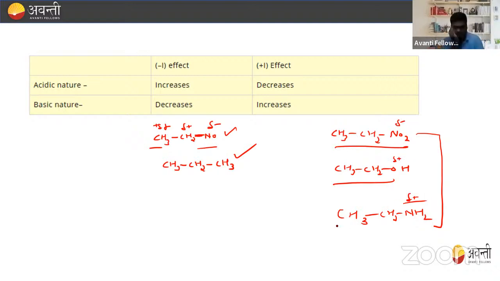As the plus I effect increases, basic nature increases. So out of these, this one is number one, that is number two, and this is number three. So this one is much more basic in nature, due to the presence of this lone pair, which it wants to donate. So we can say that basic nature increases with the increase in the plus I effect.